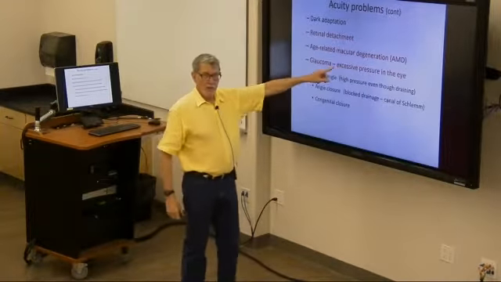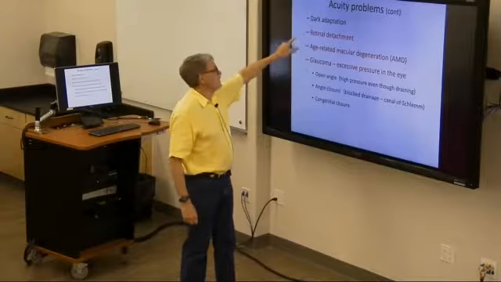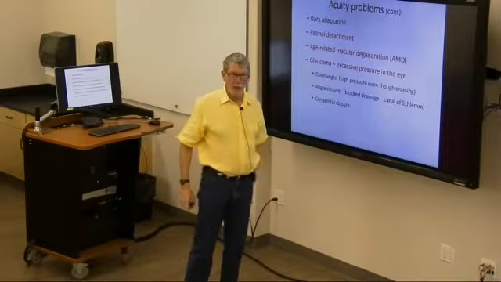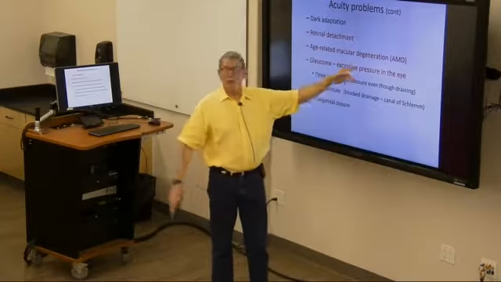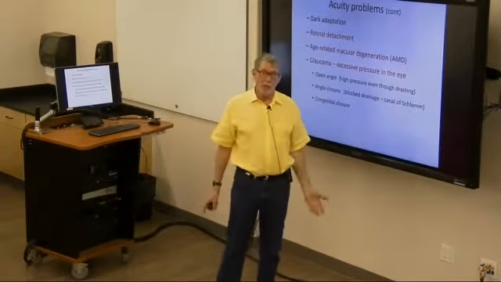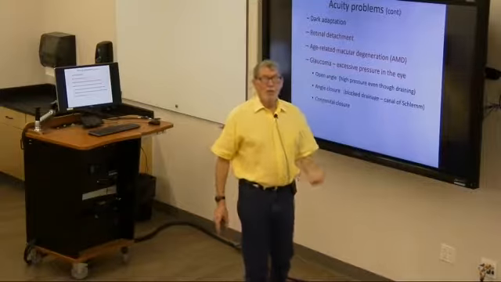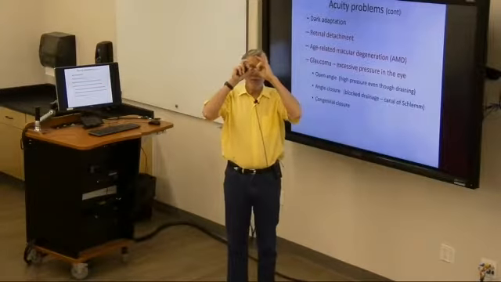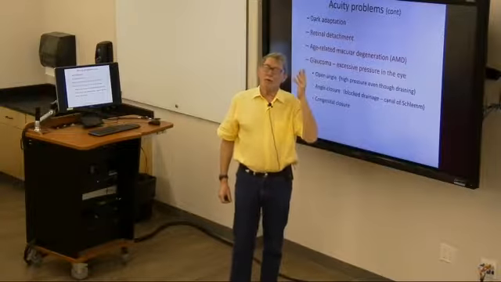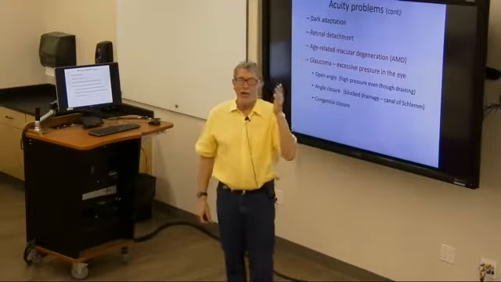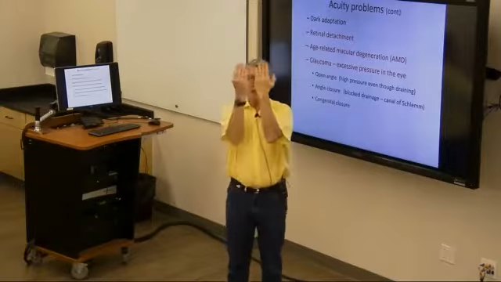Macular degeneration, also called age-related macular degeneration, happens to a lot of old people. And again, because we're living longer, there are a lot more people getting this. What it is, the macula right in the middle where you see best simply deteriorates. The rods and cones die off, and you don't have central vision anymore.